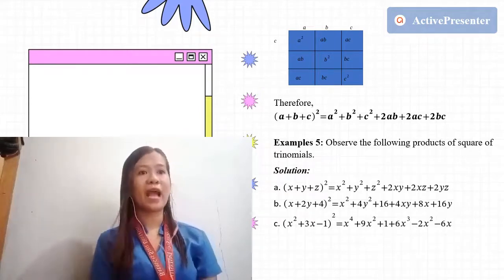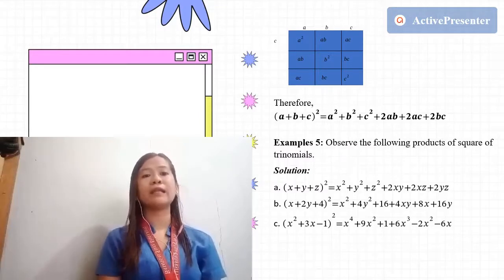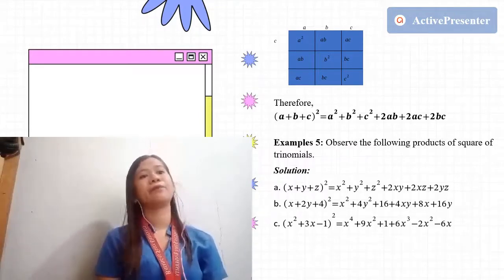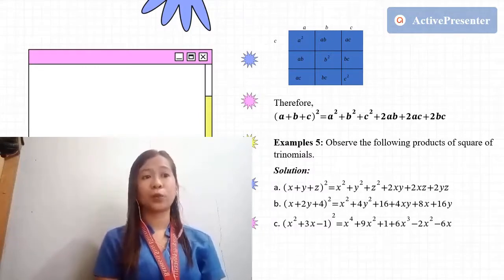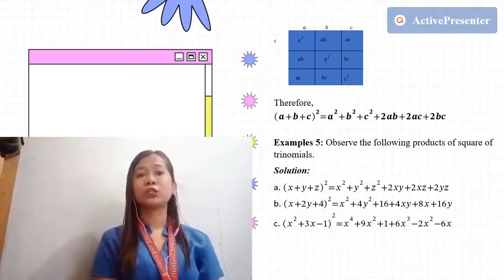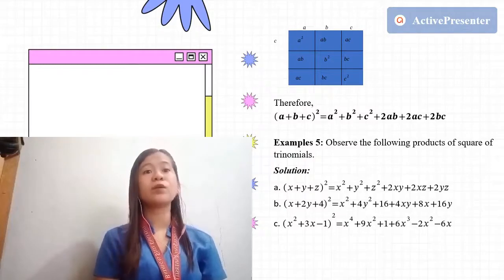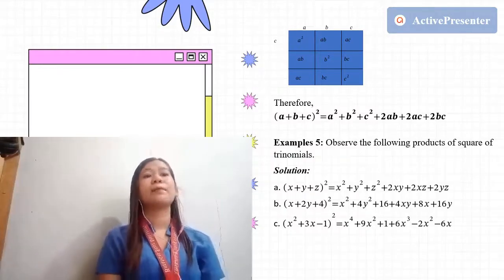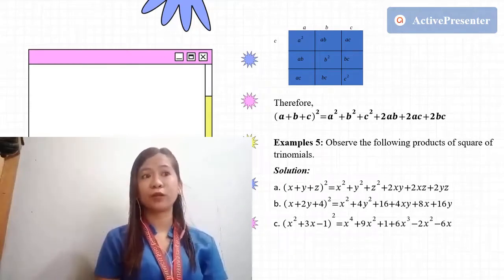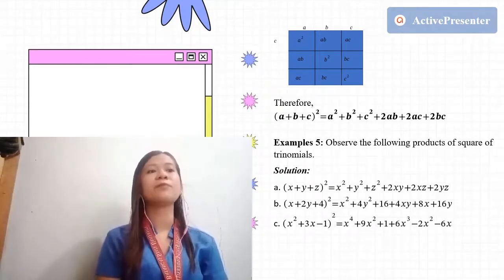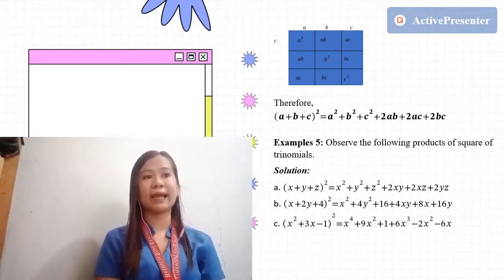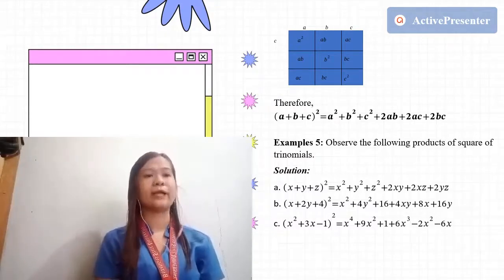Number 2, we have the trinomial x plus 2y plus 4 squared. So we have x squared plus the square of the second term, 2y squared, which is equal to 4y squared, plus the square of the third term, 16, plus 4xy plus 8x plus 16y.